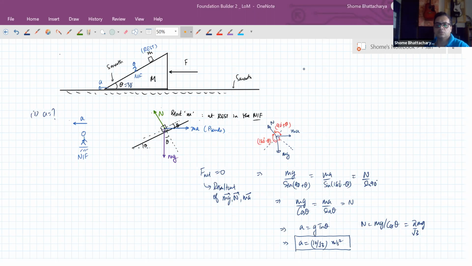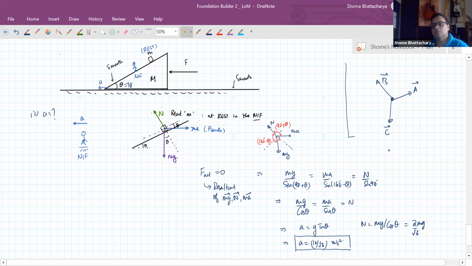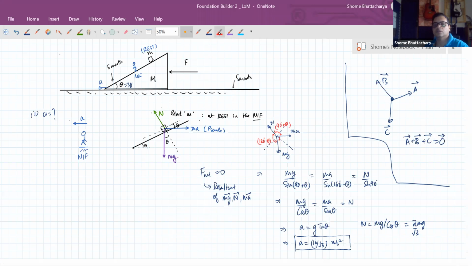This theorem, Bhargav, is that if we have three vectors and we want to solve for the condition for A plus B plus C to be 0, then suppose opposite to A this angle is alpha, opposite to B this angle is beta, and opposite to C this angle is gamma.